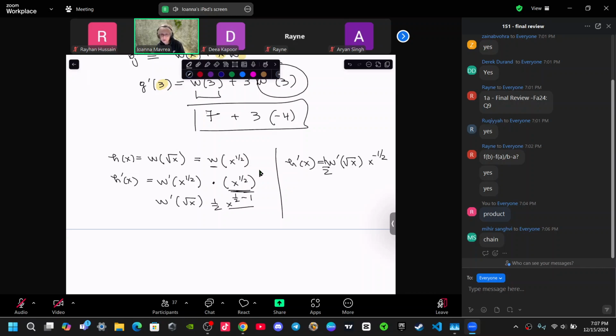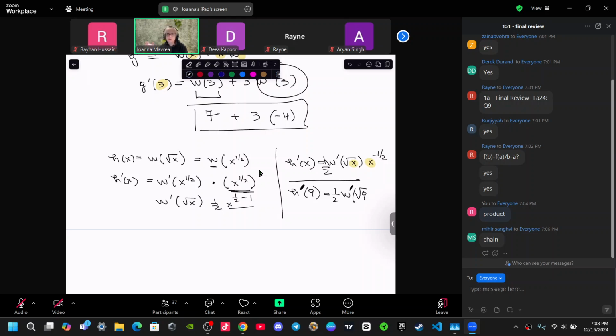So if somebody says to you, now find the derivative of h at 9, you can do it. You can plug in 9 in place of x inside here and inside here. So that would be 1/2 times 9 to the negative half. The square root of 9, oh, that's good news.